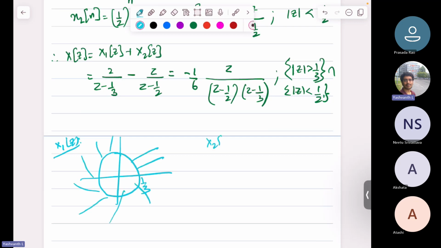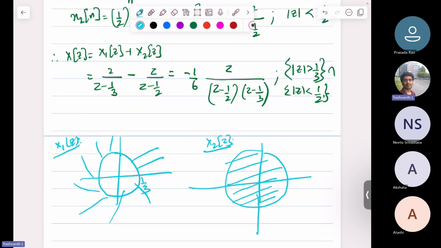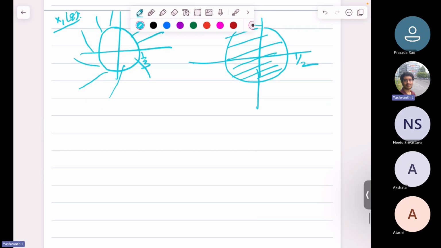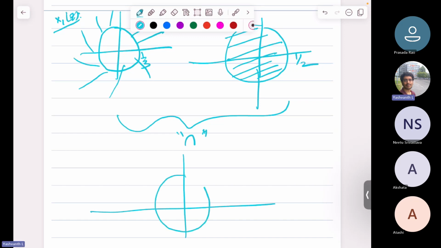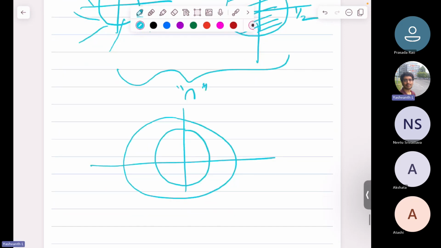And for x2 of z, what is the ROC? Mod z less than half, which means inside the circle with radius half. But 1 by 3 is less than 1 by 2. That means if I intersect them, what is the ROC? Somewhere something like this. Sorry for the figure.